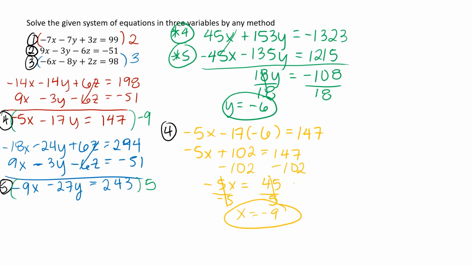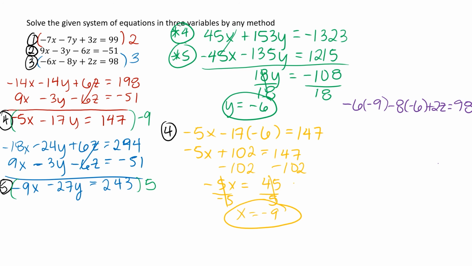So right now I have y equals negative 6 and x equals negative 9. Now I'm going to take both of these and plug them into one of the equations. I'm just going to plug it into the third one. So I have negative 6 times negative 9 minus 8 times negative 6 plus 2z equals 98.